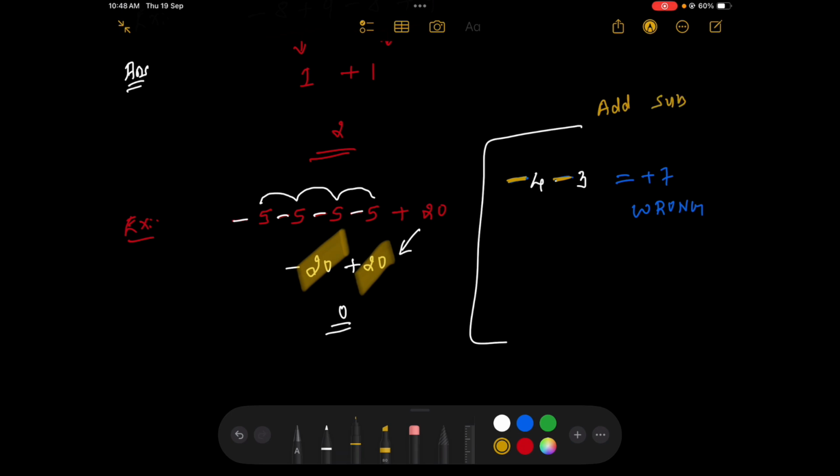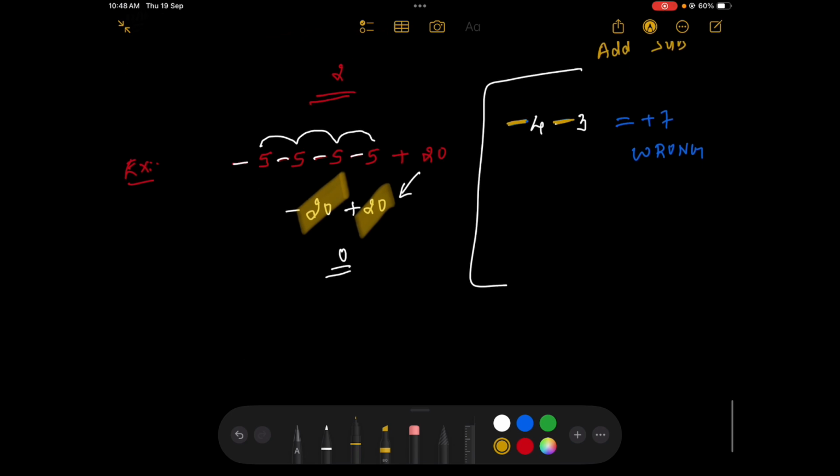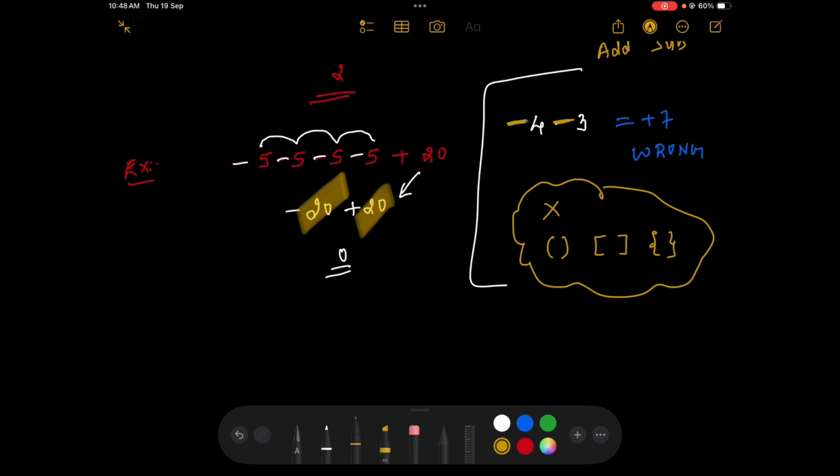You cannot say minus into minus. See, there is no multiplication involved here. Multiplication means we use a multiplication symbol or brackets, parentheses, square brackets, or curly braces. These things indicate multiplication. There is no such symbol involved in this problem, so you cannot say minus into minus plus. It's wrong. We will discuss the multiplication part in the coming videos.